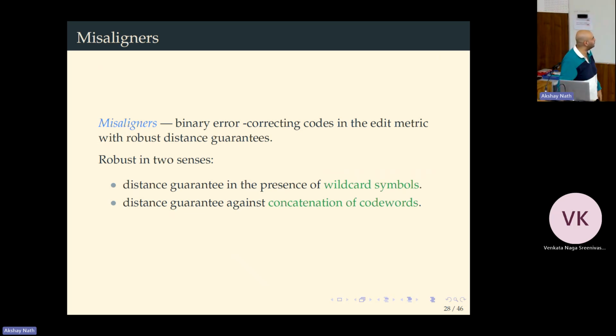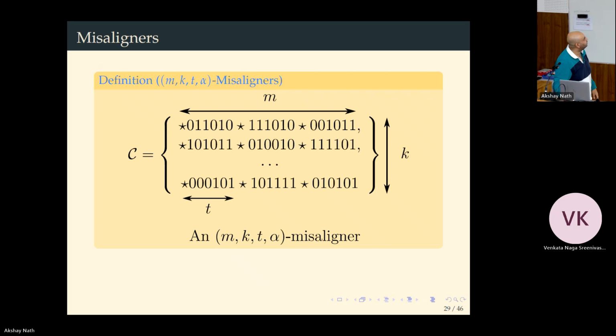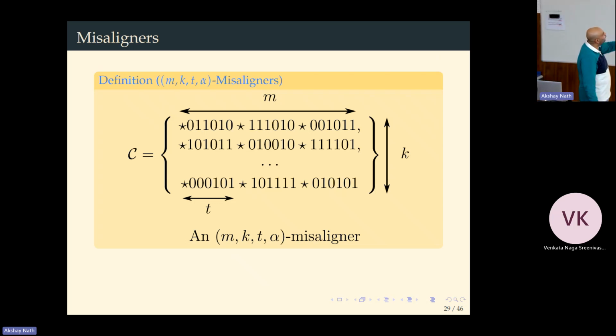So I'm going to formalize what this is. We have a misaligner with 4 parameters, m, k, t, and alpha. K is the number of strings in our misaligner, so it's the number of code words. M is the length of the code word. Each code word itself looks like this.